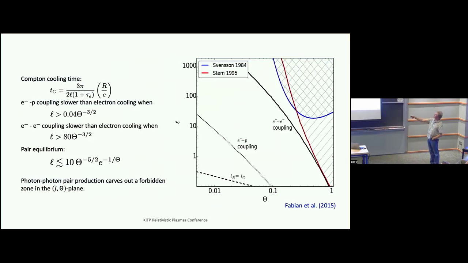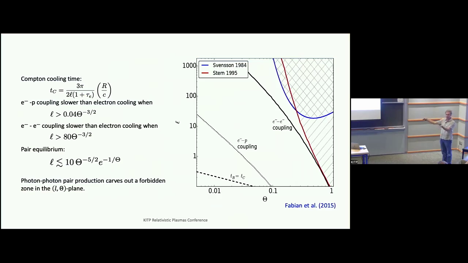You can also put some of the key coupling timescales into the compactness language. On this plot here, the TB equals TC line is where Bremsstrahlung and Comptonization are trading off. Below here, the corona is principally cooling by Bremsstrahlung.